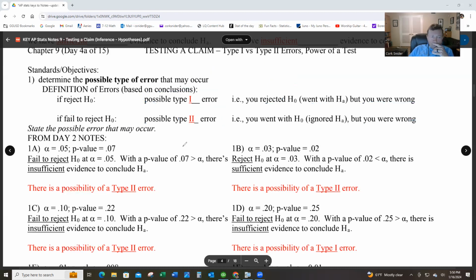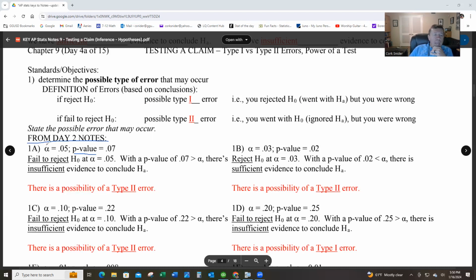Now, this is from the day 2 notes, but this is how it's going to play out with p-values. A p-value, if you remember what it means, is the probability of something happening by chance if H0 is true. You assume H0 is true, do some calculations, get a p-value, and then do something with that.